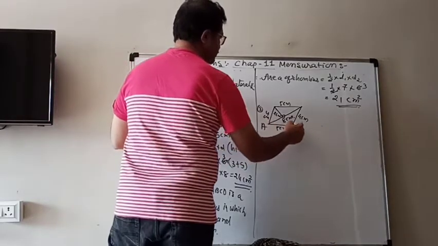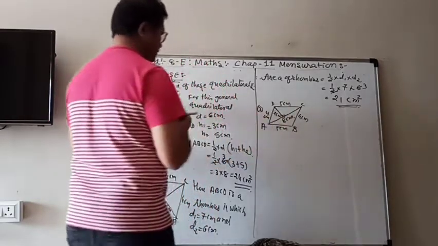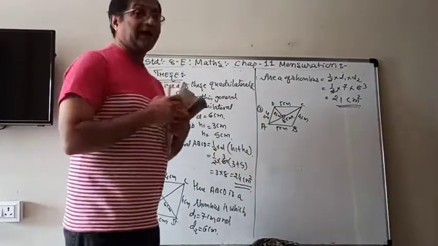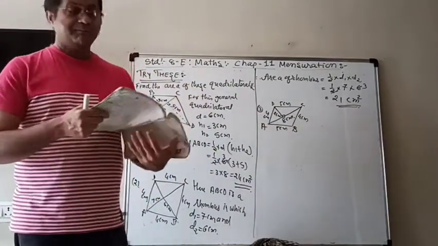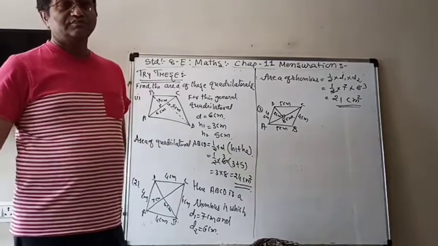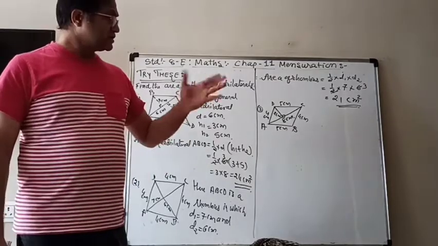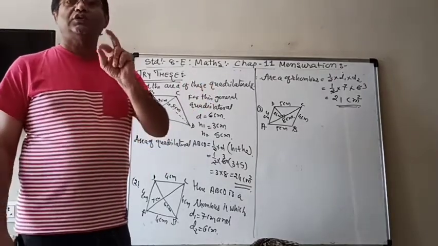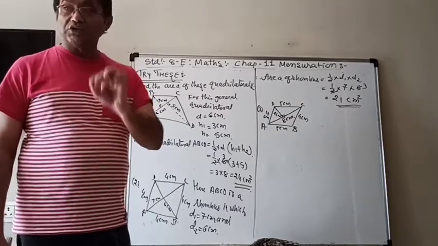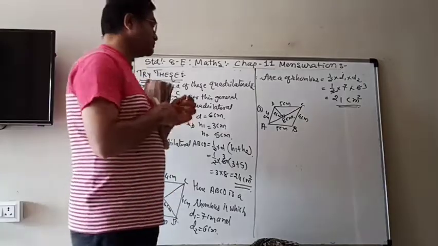Now here we know that when we draw a diagonal of the parallelogram, then what happens? It splits it into two triangles whose areas are equal.